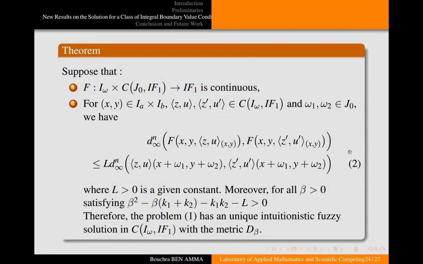For the existence and uniqueness result, we suppose that the function f is continuous and satisfies the Lipschitz condition. If we can guarantee this hypothesis, then our model has a unique intuitionistic fuzzy solution.